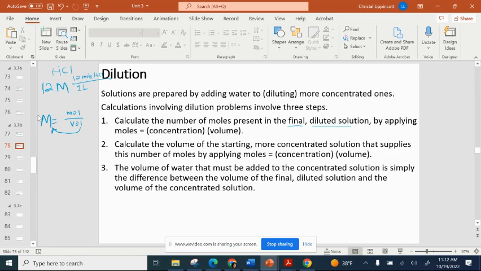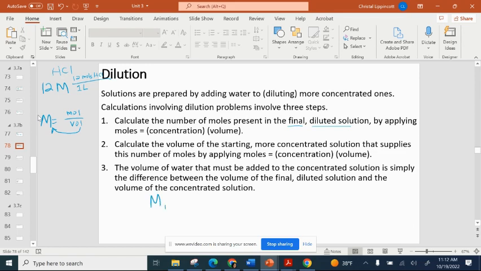That's what this is saying. Then calculate the volume of the starting, more concentrated solution that supplies those moles, again moles equals concentration times volume. So the volume of water that must be added to the concentrated solution is simply the difference between those.